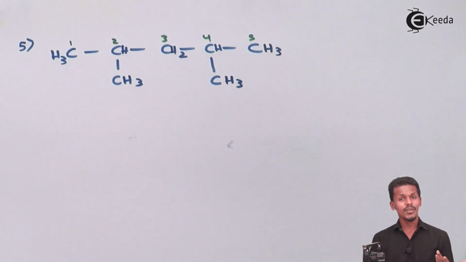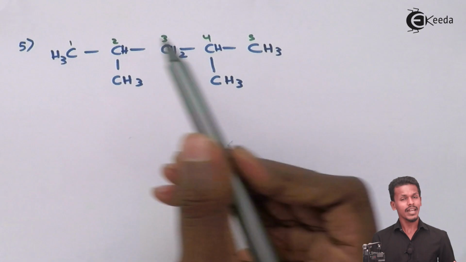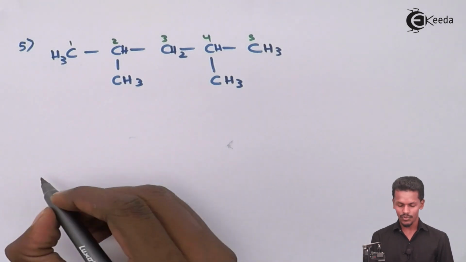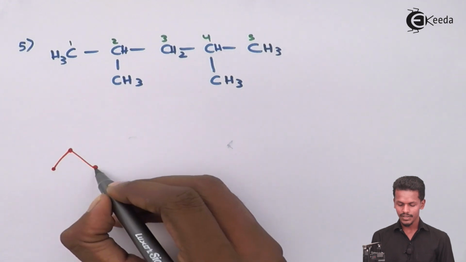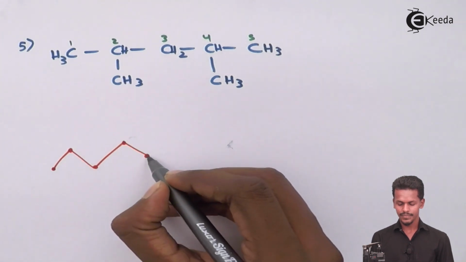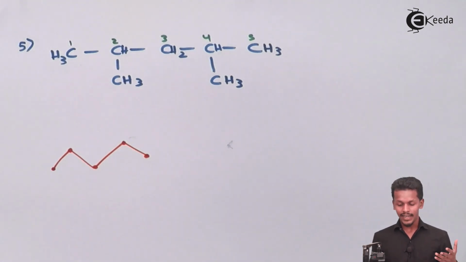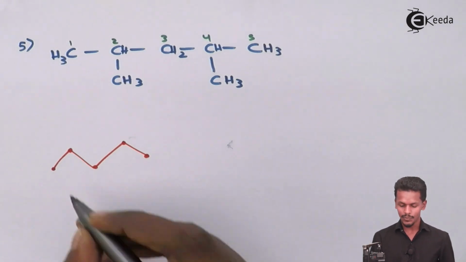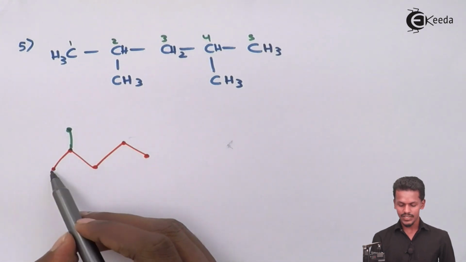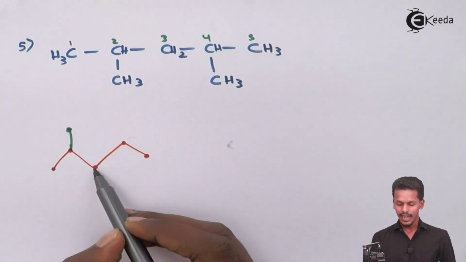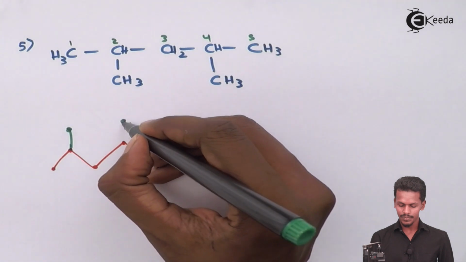Now the bond line will be very easy to understand, because there are 5 carbon atoms in the longest chain, so we could write it in this format also: 1, 2, 3, 4, 5. Done. And at the second position and fourth position a CH3 group is attached, so I could write the CH3, or the methyl group, at the second position like this, and this is the first, second, this is the third, and on the fourth position I could see the methyl group.